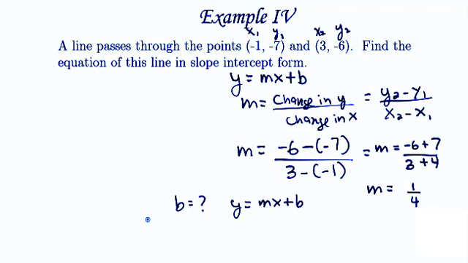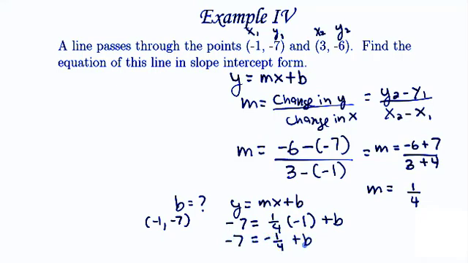So I'm going to substitute these values and m equals 1/4 in here. So y is negative 7. That equals 1/4, which is m, times x, which is negative 1, plus b. This gives me negative 7 equals negative 1/4 plus b.